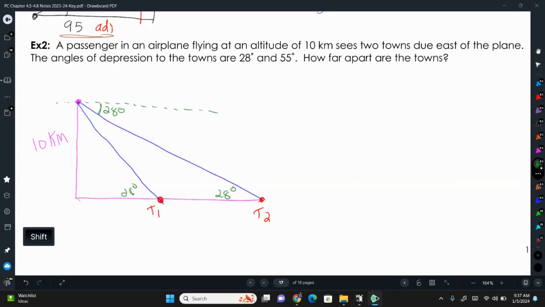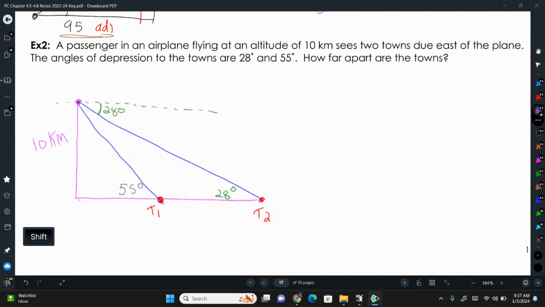By the looks of our picture, this angle here is bigger than this angle there, but in all honesty, it doesn't matter. Because when you subtract them, it's going to be the positive distance. You do the bigger number minus the smaller number. So we'll do 28 degrees there. And then this angle will be 55 degrees.